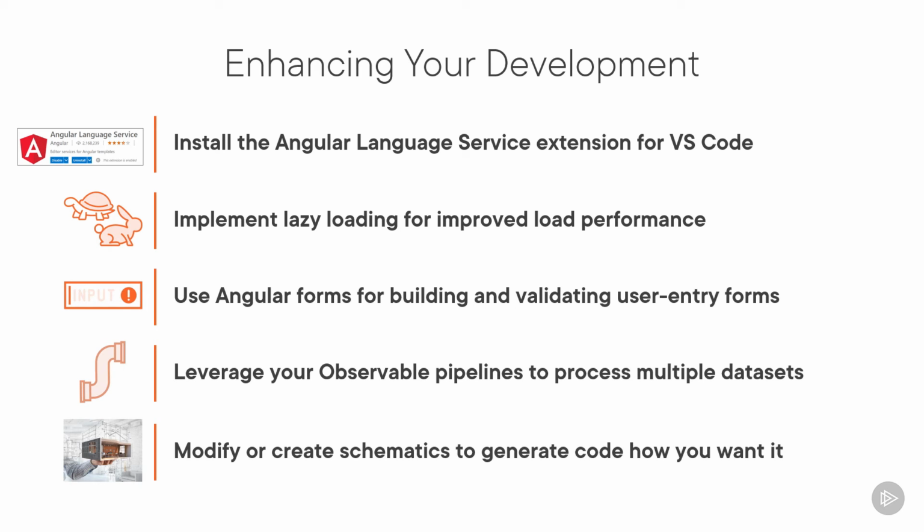Many projects have unique architectural elements, and many teams have specific coding standards and styles. You can modify existing schematics or create your own Angular CLI schematics to generate code the way you want it. See the Angular documentation for more information.